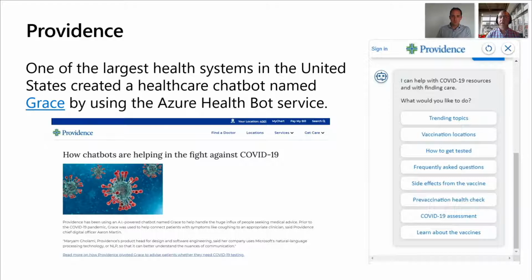Trending topics was more recently added to their Grace bot for their patients, in order to just see what other people are asking about. That information was based on the telemetry data from the bot, in order for them to provide timely, relevant, and trending information as part of their Grace Health Bot.